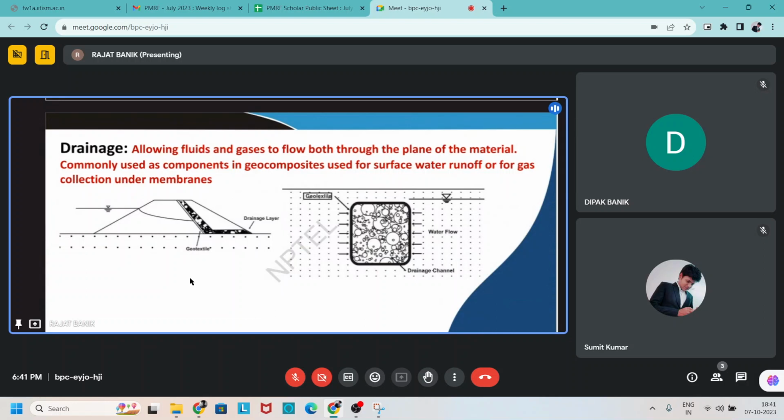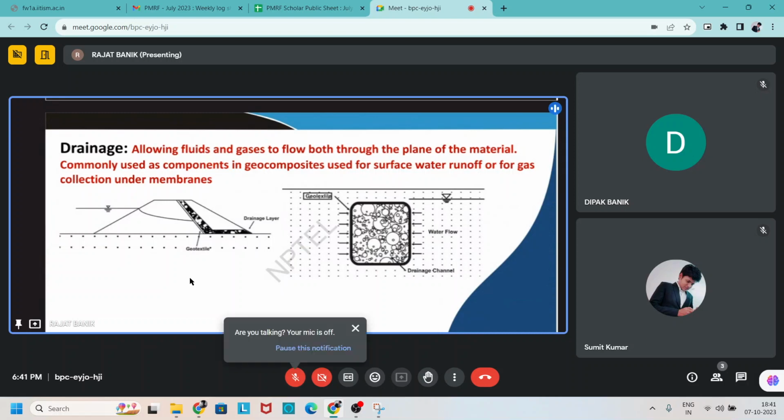But when we use geosynthetic material for drainage purpose, then in-plane drainage may take place. That means water can flow in between the geosynthetic material, and in this way we can drain out the excess water. So in drainage, it allows fluids and gas to flow through the plane of the material, commonly used as a component in geocomposite used for surface water runoff or for gas collection under the membrane.